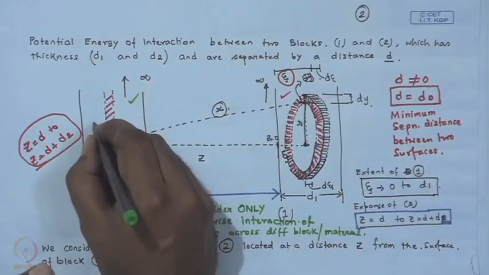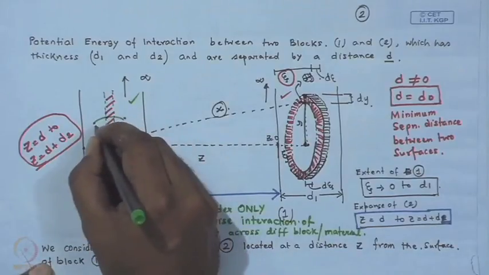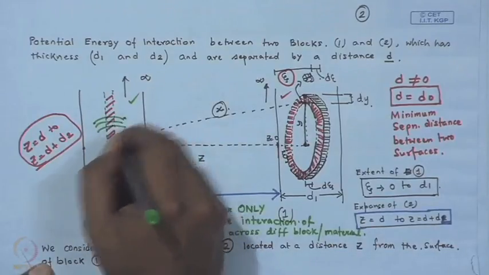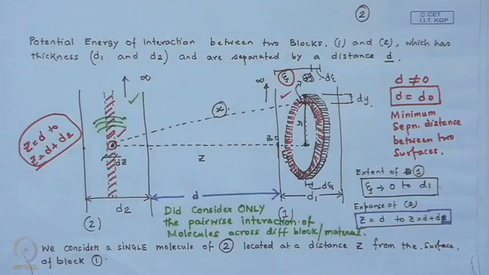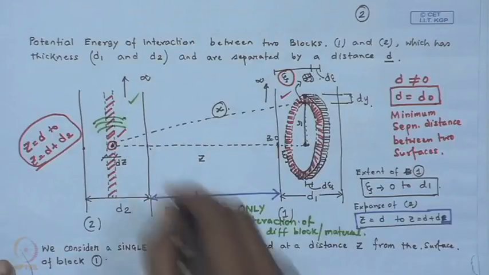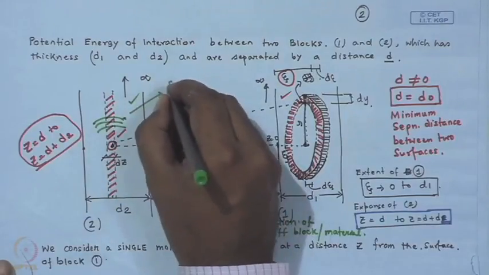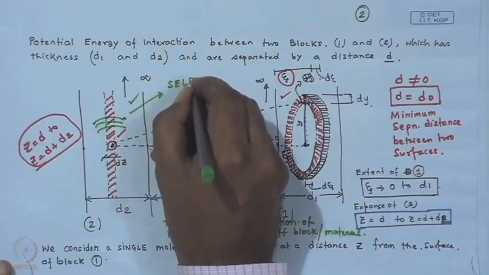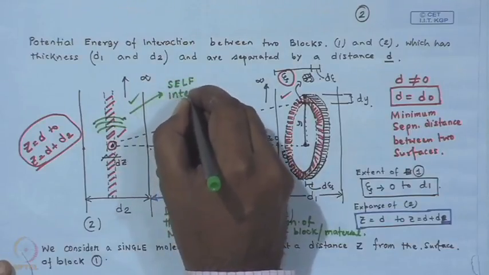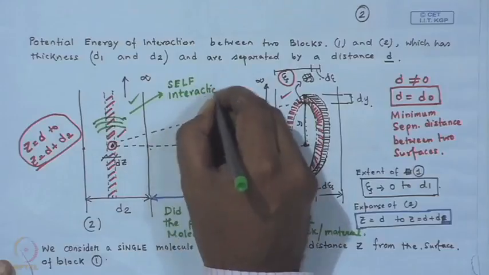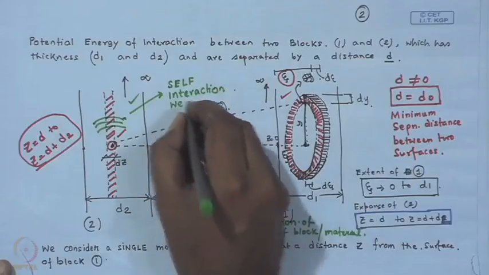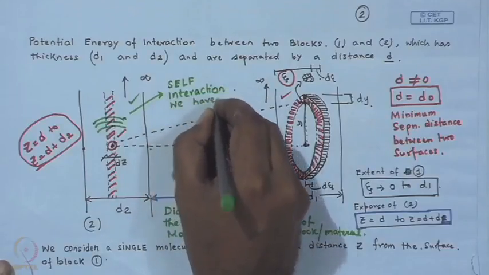We never talked about or considered the self interaction. That is how the molecules of a single block or a single material or a single object are interacting. So, the self interaction we have not yet considered.